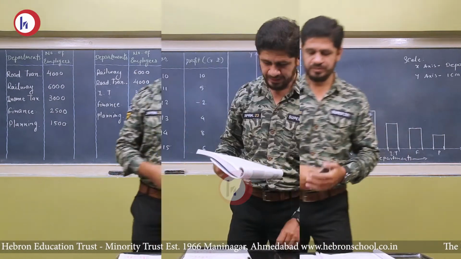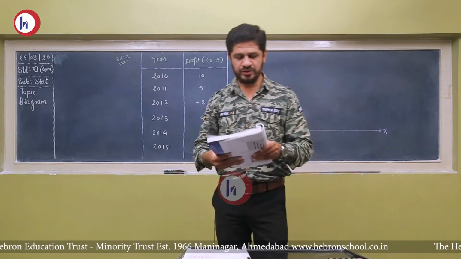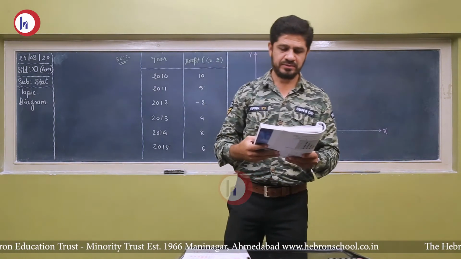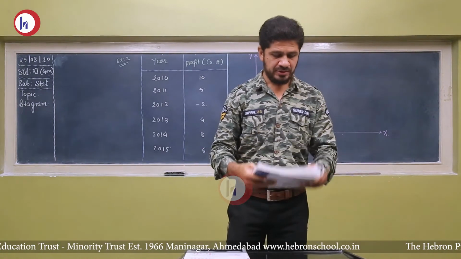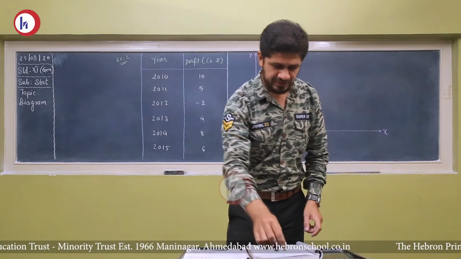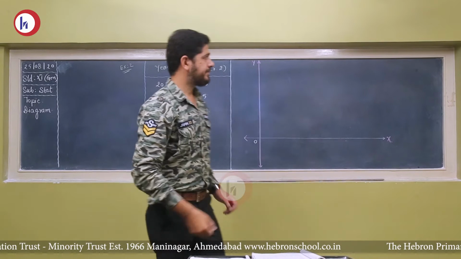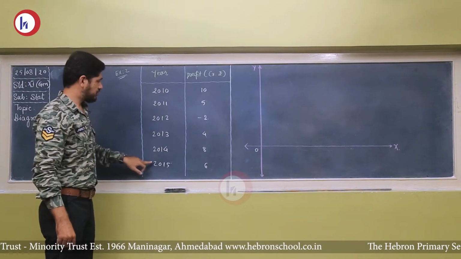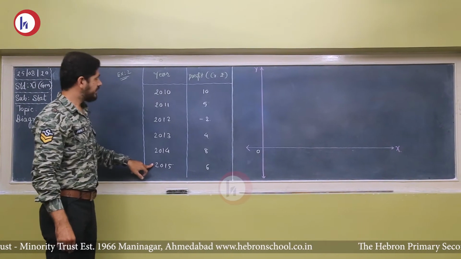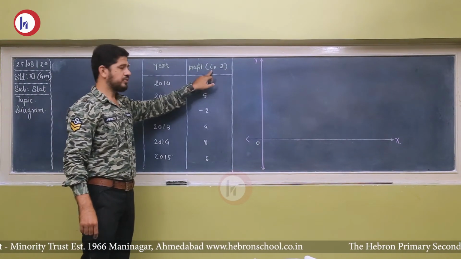Question number 2. The data on the profit of a company is as under. Present it via an appropriate diagram. Data is given in year and profit. The year is given from 2010 to 2015 and profit in crores.